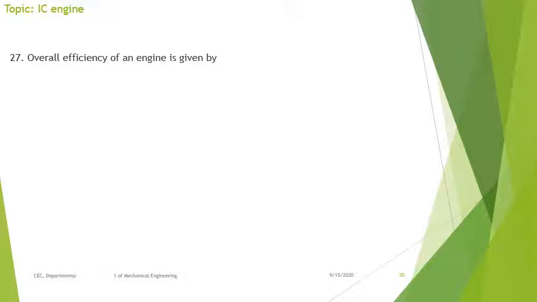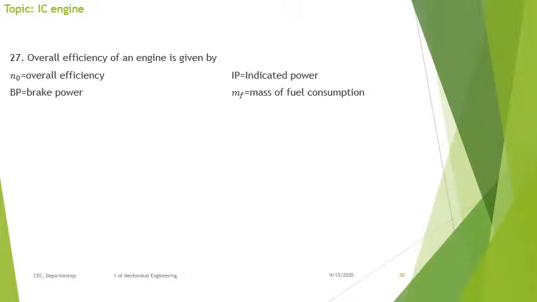Overall efficiency of an engine is given by overall efficiency, indicated power, brake power, mass of fuel consumption. CV is equal to calorific value. Then overall efficiency is equal to IP into 3600 by MF into CV.